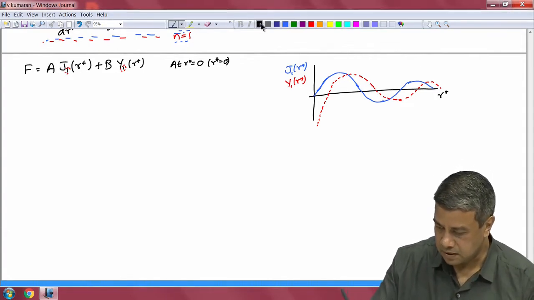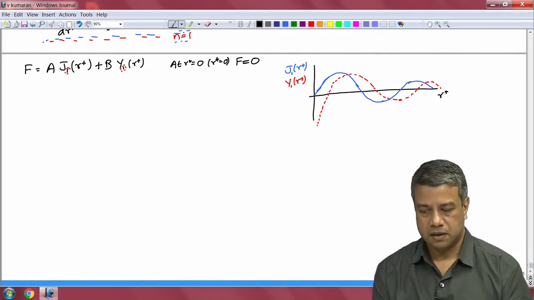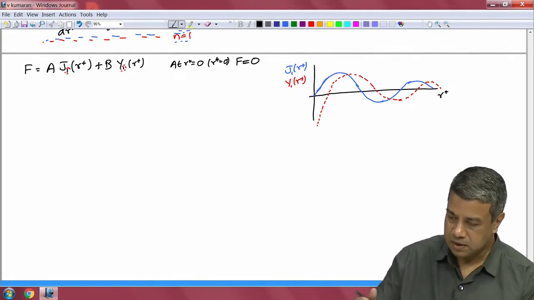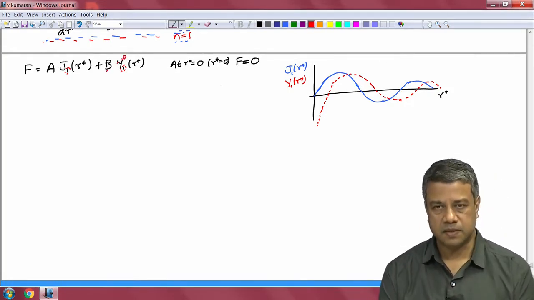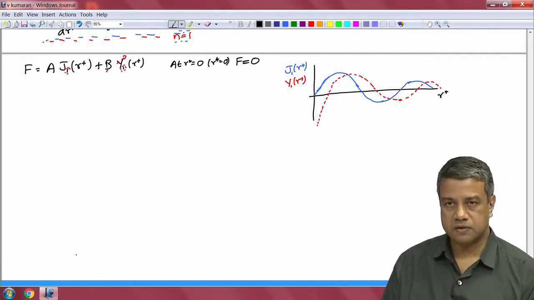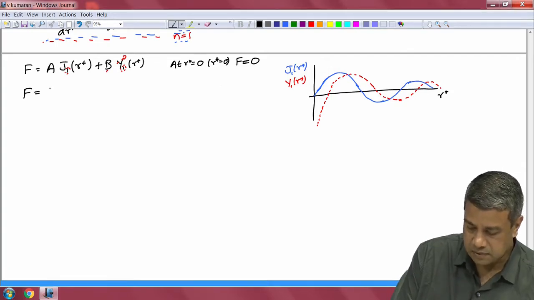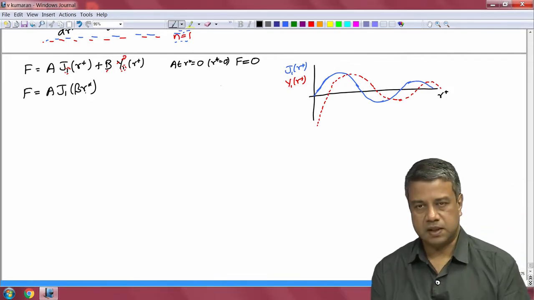We know that the velocity has to be 0, which means that f has to be 0. And f is 0 at r plus equal to 0 only if this constant b is equal to 0. Therefore, the solution for f that satisfies the condition at the axis is f equal to a times J1 of beta r star.